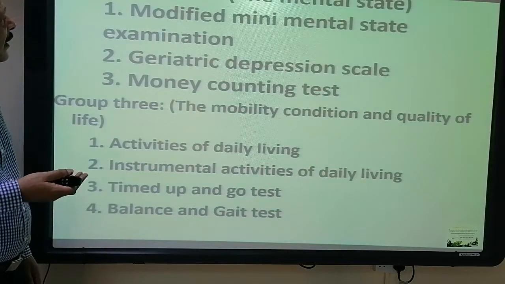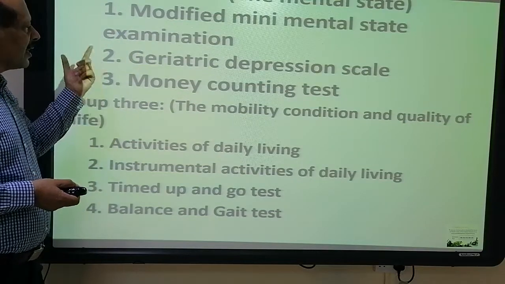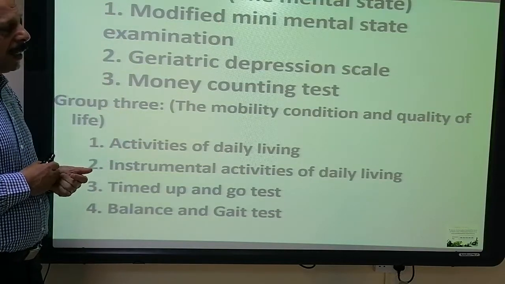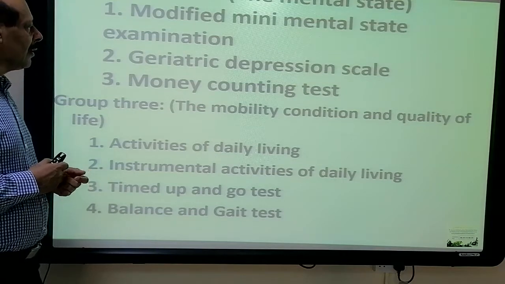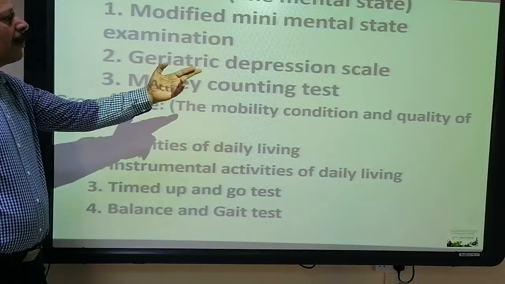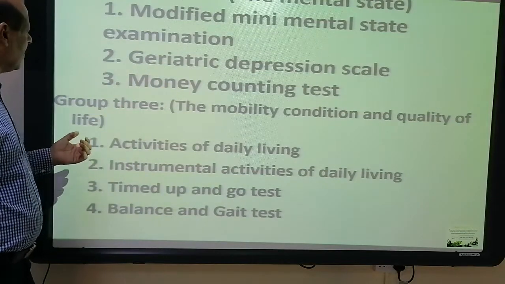Group 2, the mental status. We have to use the modified mini mental state examination, which you took in psychiatric or mental health care. Geriatric depression scale, and memory testing also.